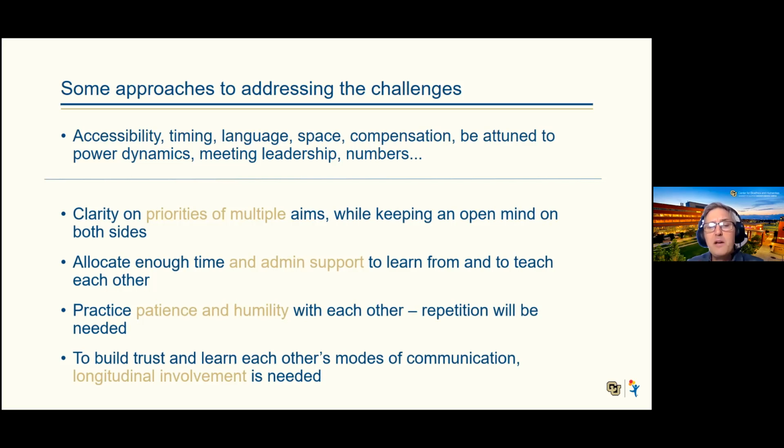This is why, by the way, within our definition of stakeholder engagement in the Data Science to Patient Value program, we so much emphasize the idea that longitudinal involvement is critical to working your way through these other more challenging practical issues in stakeholder engagement.